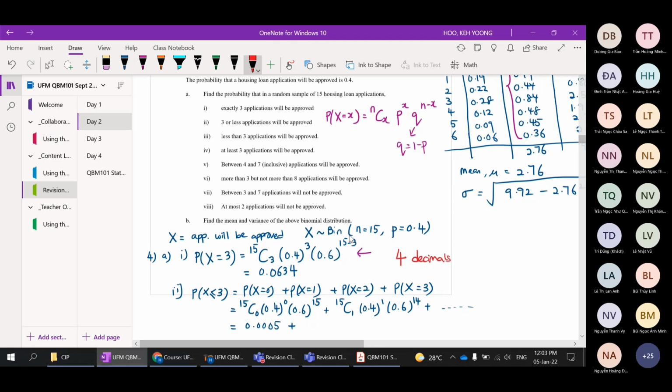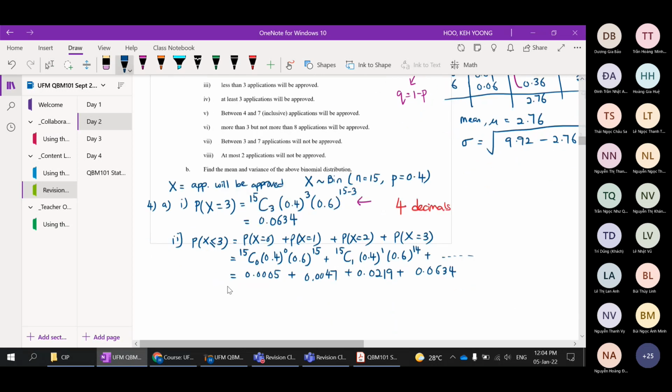So here x equals 1, x equals 2, and then x equals 3. Let me know if my workings are wrong. Sometimes my answers could be wrong if I add up wrongly or the probabilities that I write are wrong.